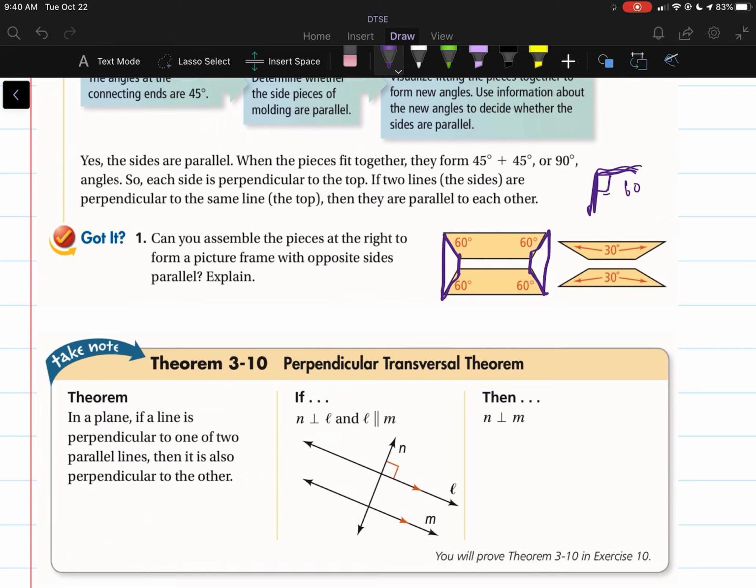So 60 degrees and 30 degrees would make 90. So yes, the corners form right angles, so opposite sides will be parallel.